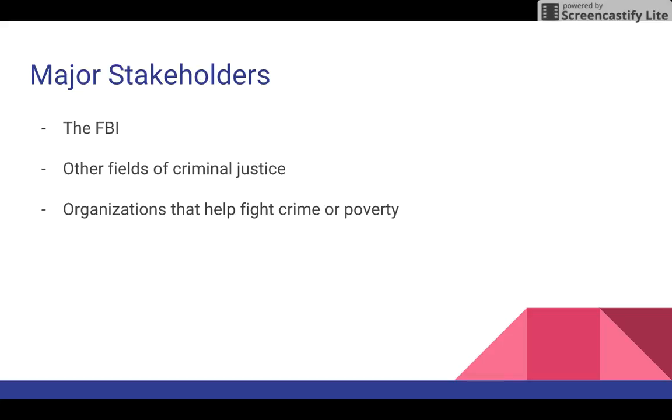There are so many different organizations or fields that could use this data and benefit from it. It also includes nonprofit organizations that help fight crime or poverty. Using rates in their presentations can be helpful, so there's a wide variety of people that can benefit from this data.